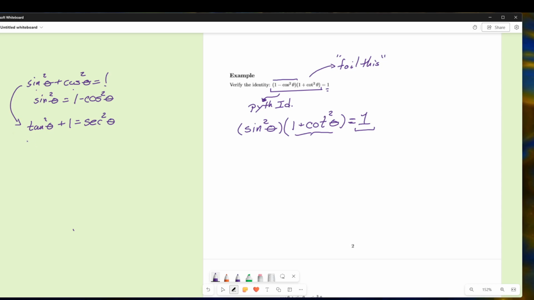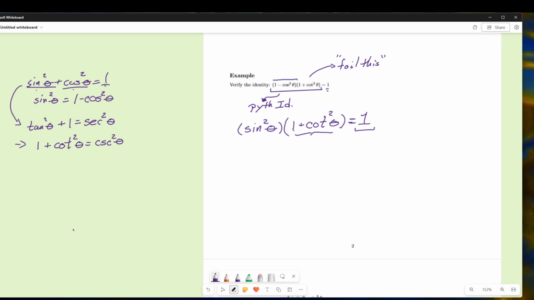So look back at that list again, and there is one that says 1 plus cotangent squared theta equals cosecant squared theta. Again, it's just built by dividing each term here by sine squared. And that looks a lot like what we have.